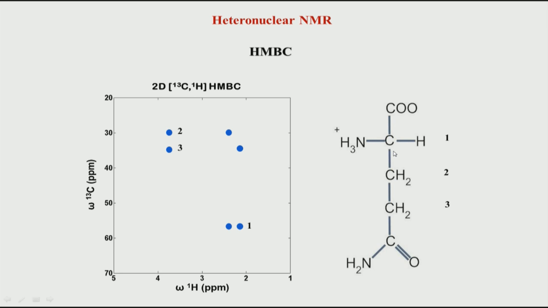This is 3 bonds, which is 2 to 5 hertz, sometimes even less than 2 hertz. It varies, but there is a finite small coupling possible up to 3 bonds. You can go further, but that is much weaker and we can ignore it. So, we will focus only on 2 bond or 3 bond carbon proton long range coupling.